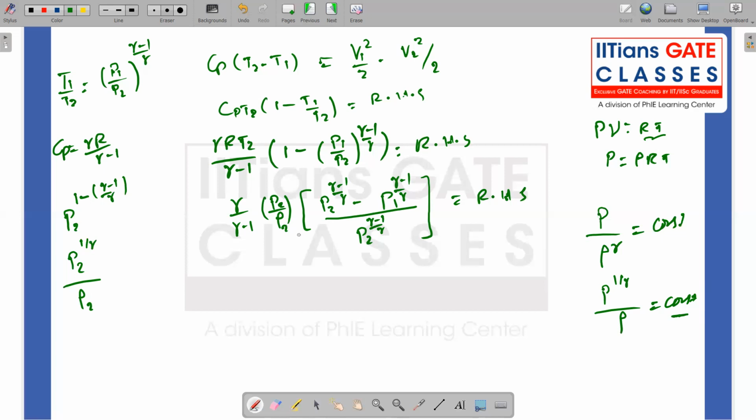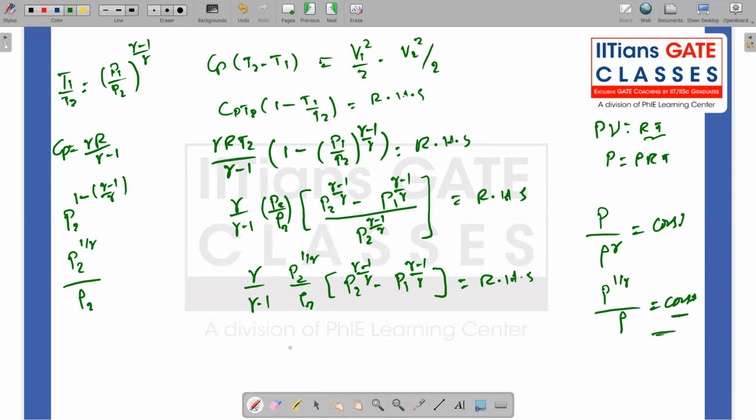So I can replace this equation like gamma by gamma minus 1 times P2 to the power of 1 by gamma by rho 2, times whatever I have here, P2 to the power of gamma minus 1 by gamma minus P1 to the power of gamma minus 1 by gamma, which is equal to RHS. RHS is nothing but the velocities. Now this one is constant, we have seen that.